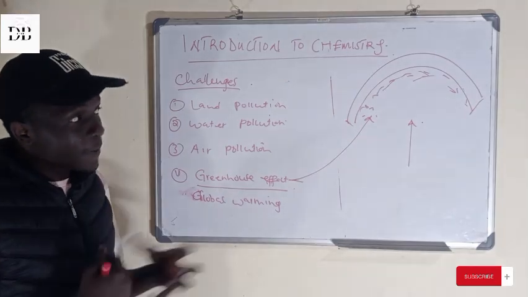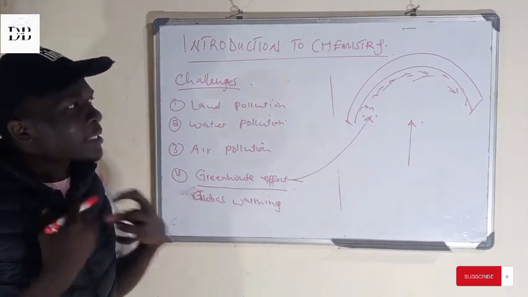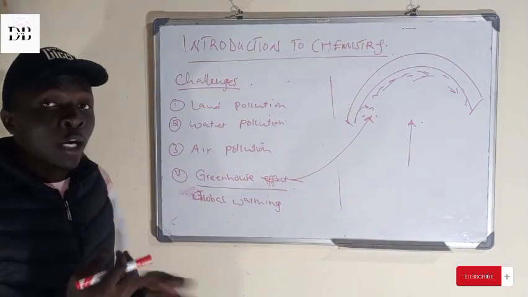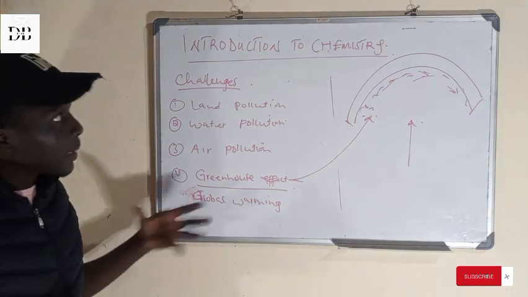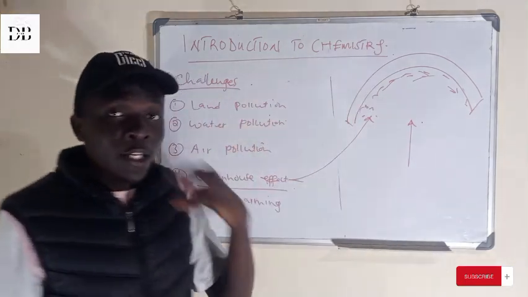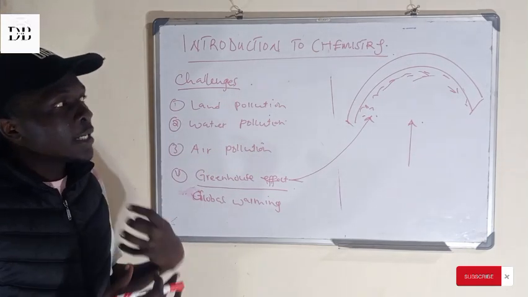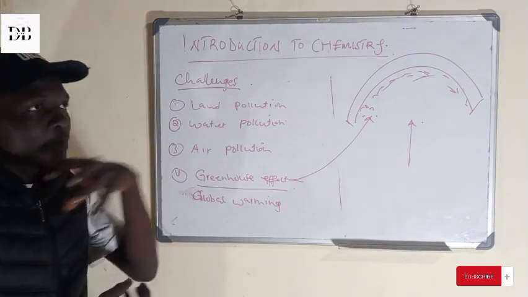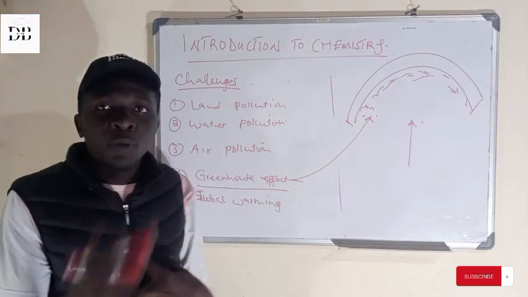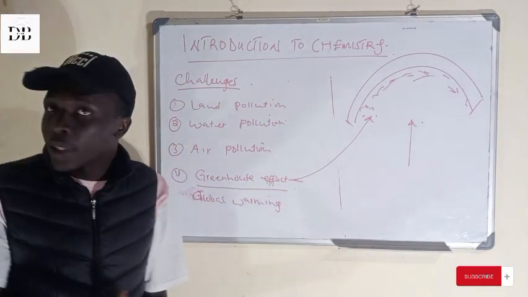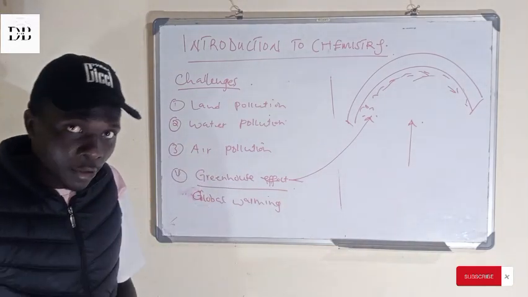Let us close up this video by looking at some of the precautions you must take when working in a lab. Because remember, for you to study chemistry, you are yourself a chemist. A chemist is a person who is able to carry out research in the lab, do experiments, test his hypothesis, and then also give you the results, right?